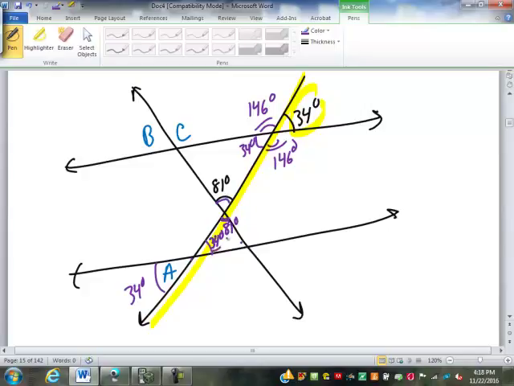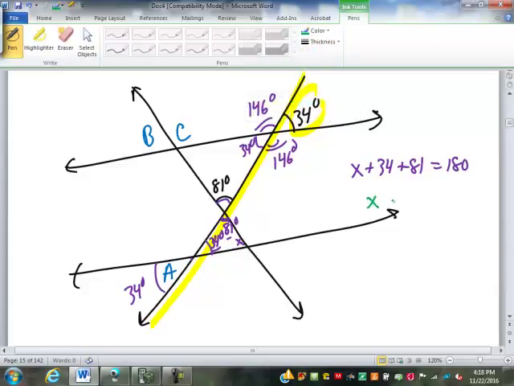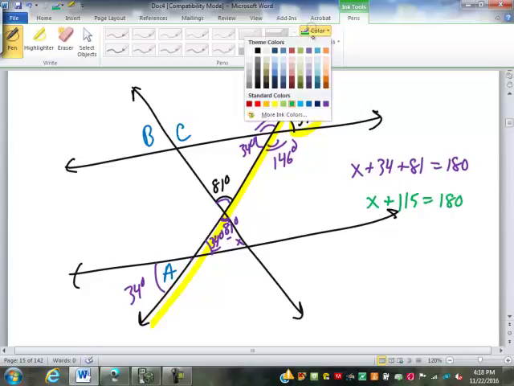So we've got 34 and 81. If I call that x for now, x plus 34 plus 81 has to equal 180. Yes, I do realize you could just do 180 minus 81 minus 34. That will work. Gives you 65 degrees. So that adds up to 115 equals 180. And we subtract.